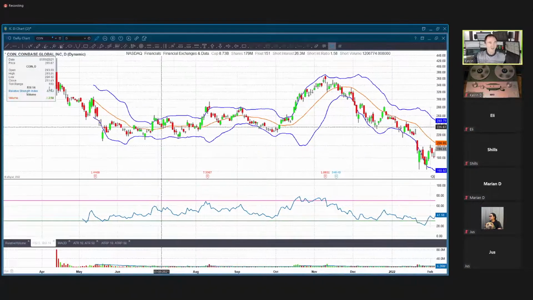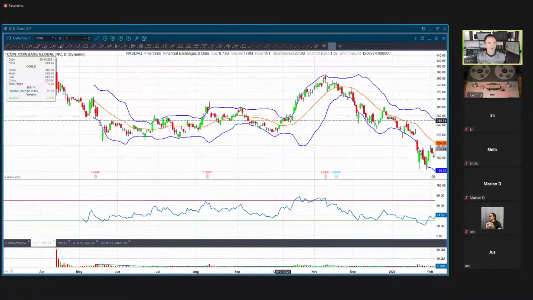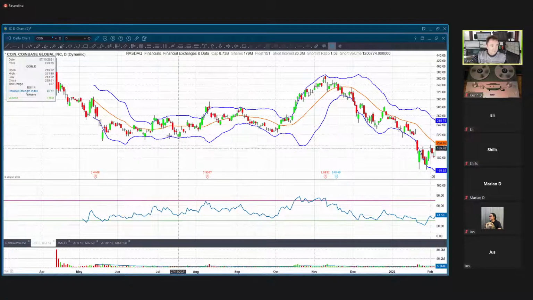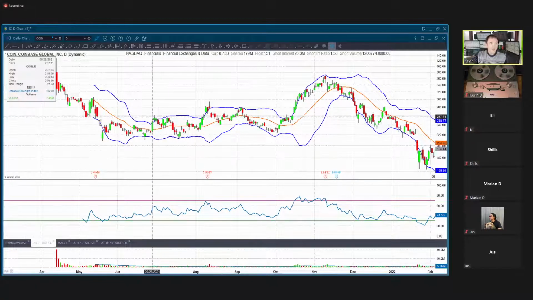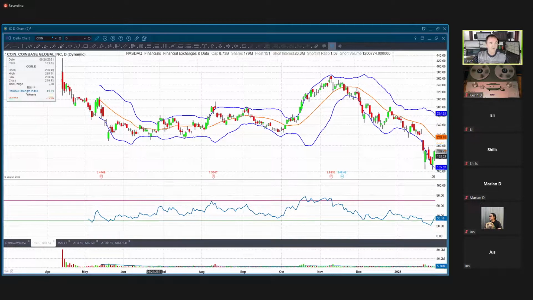All right, and we really started to squeeze nicely down in here. We squeezed also back in here, right? We squeezed a little bit. And we had a candle that was right outside the bands, right after a big green candle.